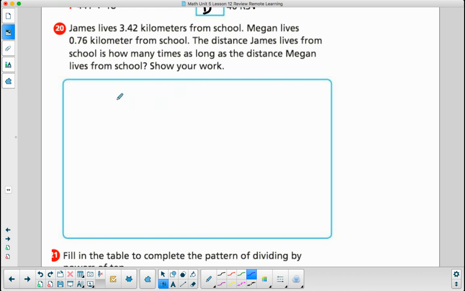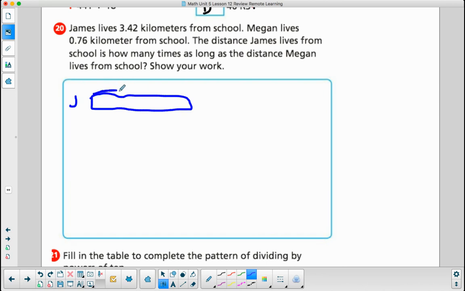All right. So this is kind of confusing to me. So I am going to draw a diagram. It's 2 people. It's a comparison. Distance from school is how many times as long. I know we're comparing James's and Megan's. James's is more, so I'm going to put James's on top.